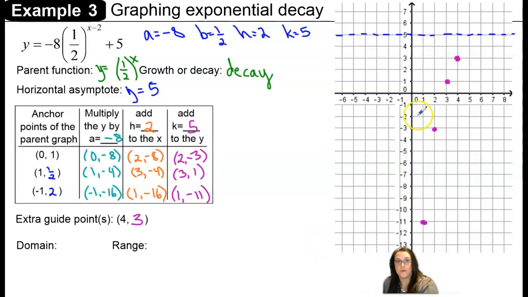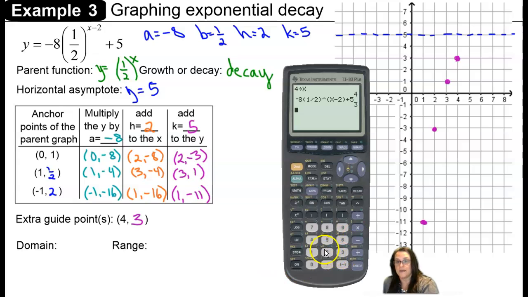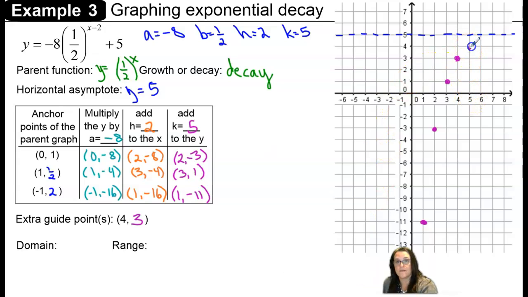If I want another extra guide point here, I can store my next integer 5 as the x, then second enter retypes my last statement, and then I get a 4, so the point (5, 4) would be on the graph, and we can see now how that bend is starting to emerge.